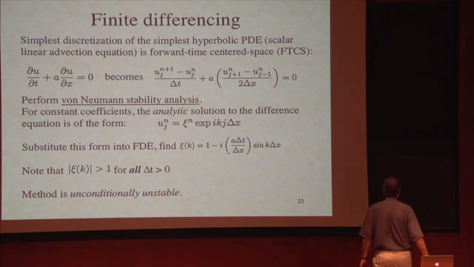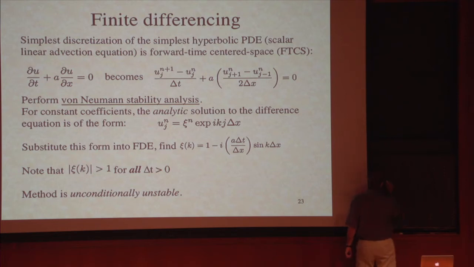Let me try to do this here. n plus 1, n, so time is the vertical axis, x is the horizontal axis. I have discrete points in space and time. I have point j, j minus 1, j plus 1.